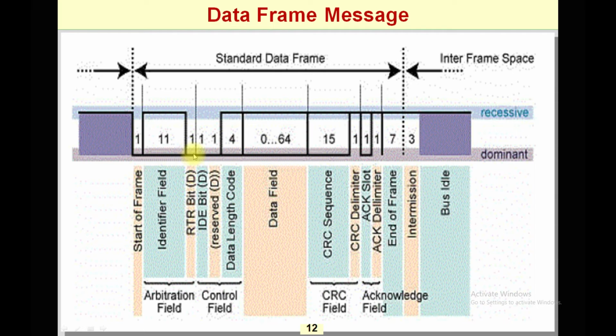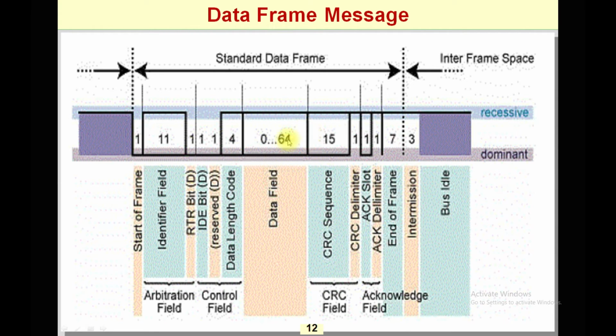After getting the bus, that node will notify how many bytes it is going to transmit through the data length code. If the node is going to transmit 8 bytes with this particular message ID, in the data length code it will keep 1000 and it will send out 8 bytes, and all the nodes will receive these transmitted bytes because all the nodes are capable of receiving back the transmitted bits.